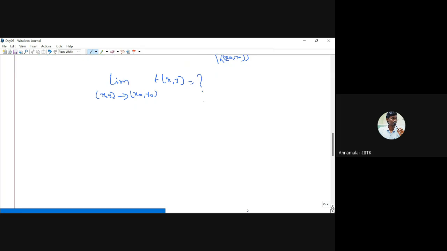Okay, now the definition for the limit of a function at a point x naught y naught. It is the same definition as we discussed in the single variable.